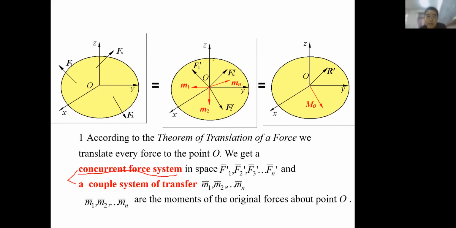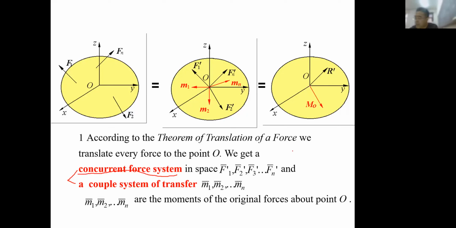Actually, this is the medium state. Our final state is, so you can see, F1 prime, F2 prime, until Fn prime is just a concurrent force system, which also can be reduced to just a final one vector, using R prime to replace it.